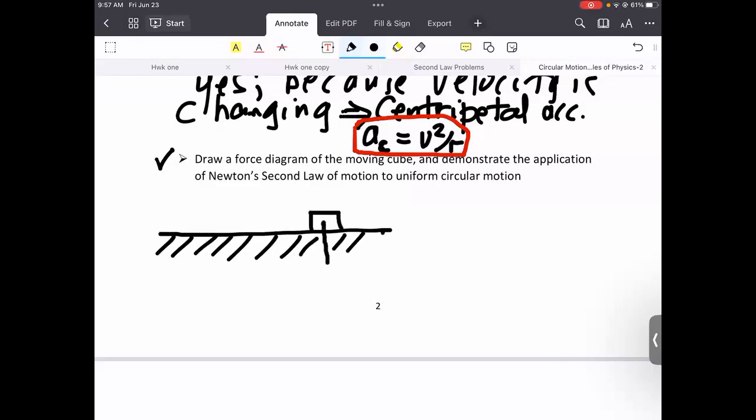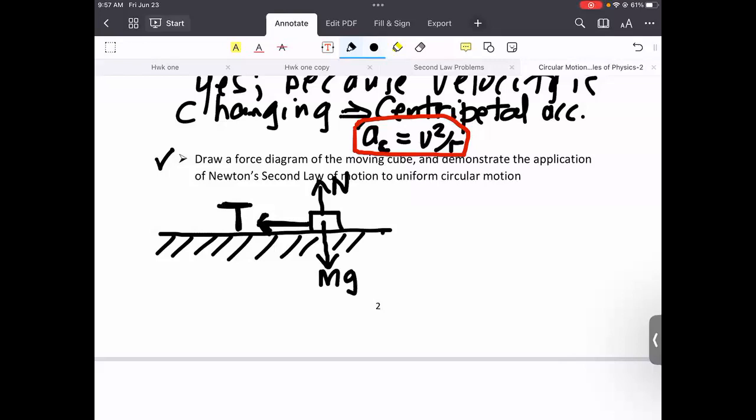We have gravitational force pointing downward always. And we have the normal force, support force acting on the cube. And we have also this force pointing to the left. This force is actually the force of tension. That's tensional force acting on the cube.